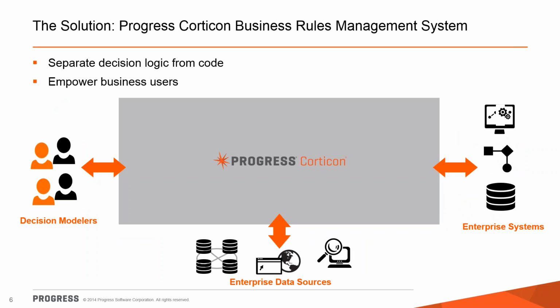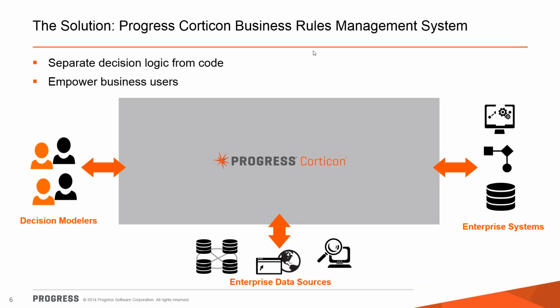These are very simple, very basic rules, and a lot of these applications provide a good way to handle them. The decisions that we're talking about are really complex, volatile business logic, the logic that really makes businesses unique and how they function. That's the kind of business logic that we're talking about. And really what Corticon does is provide you a capability to externalize that logic.